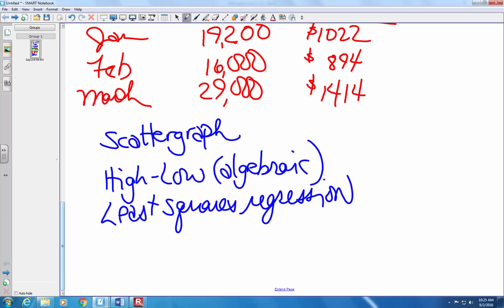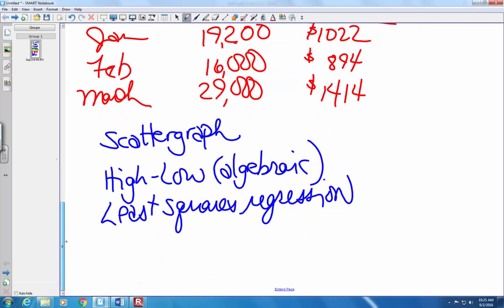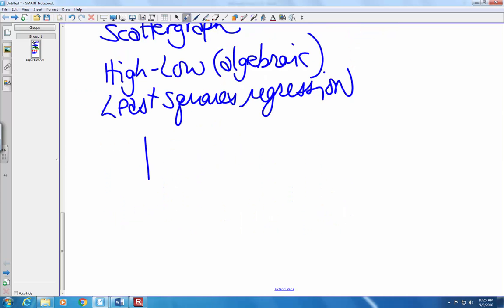So for example, let's see here, 19.2. What am I going to have for my x-axis in the example we're working with? Miles, right? And what's going to go over here on the y? That's actually the expense, right?